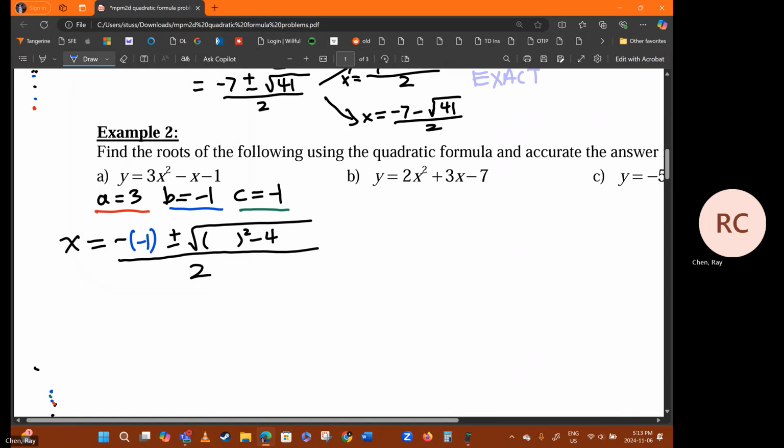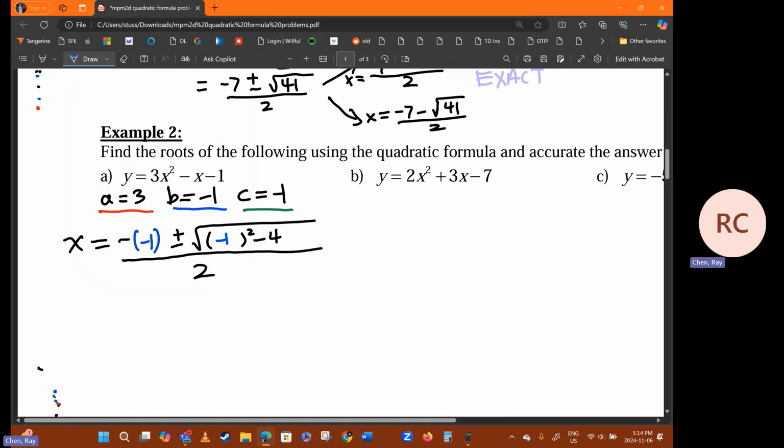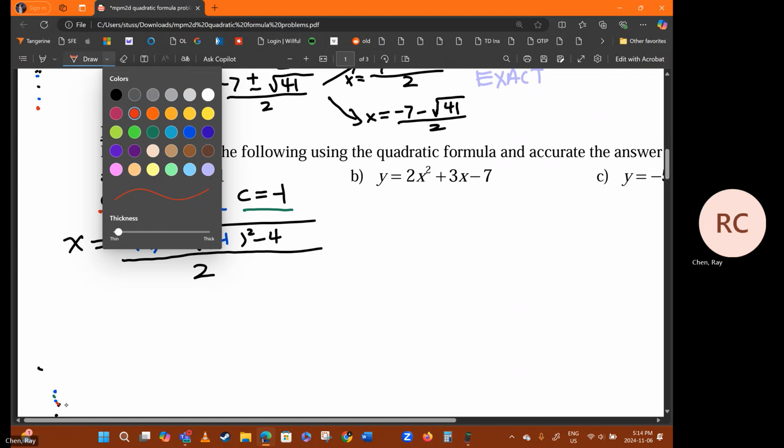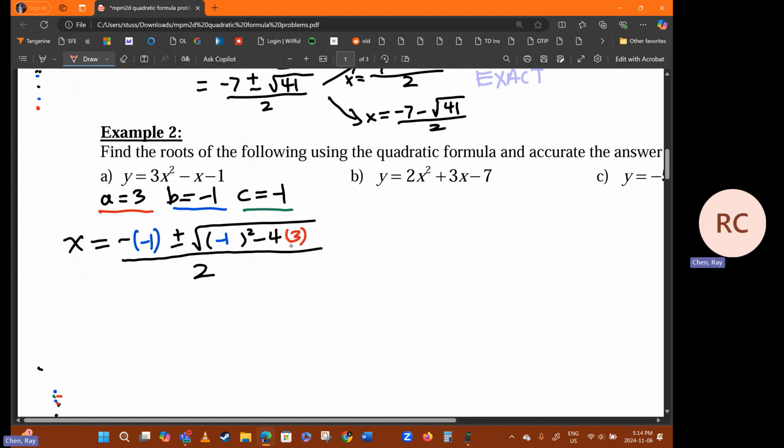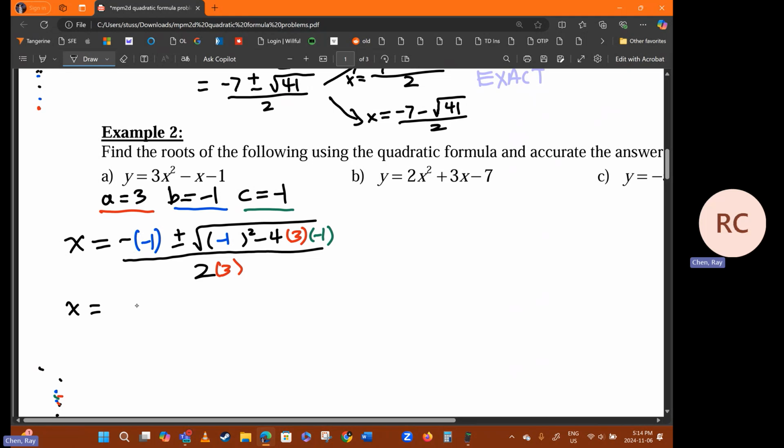So negative 1 goes there, negative 1 goes there, 3 goes here, 3 goes here, and a negative 1 goes here. Before we continue, everyone okay? Notice we're going to get x equals negative times a negative is a positive, so we're going to get a positive 1 plus or minus the square root of negative 1 all squared is 1.